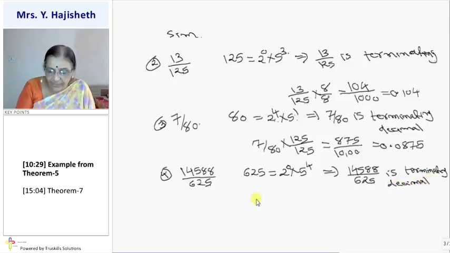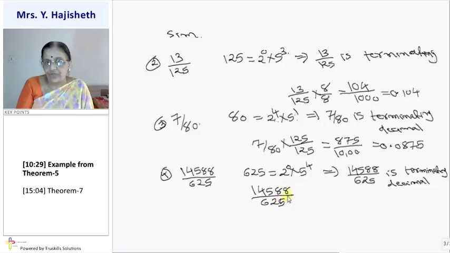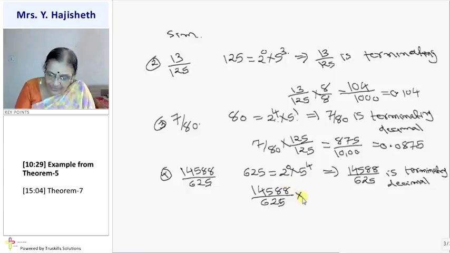In order to make it a terminating decimal, I should multiply both n and d by, see it is 5 raised to 4. So I have to multiply with 2 raised to 4 in order to make it a 10 raised to 4 power. So 2 raised to 4 matlab I multiplied both n and d by 16.